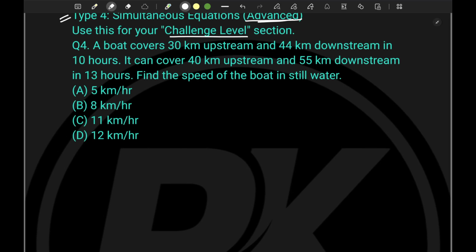So what is given? A boat covers 30 kilometer upstream. So what we have to write down? Here it is the upstream section, here it is the downstream section. Downstream is always fast.